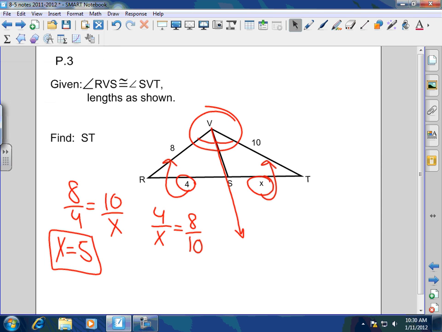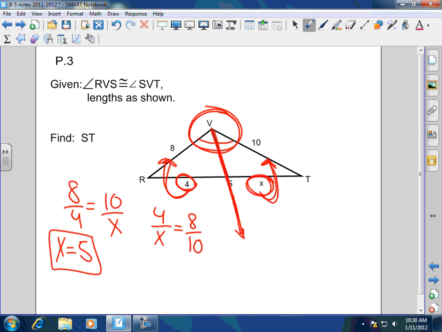We solved for ST by using the theorem that states that when the ray, in this case VS, bisects an angle of a triangle, it is going to cut the opposite side of that triangle into proportionalities with its adjacent.